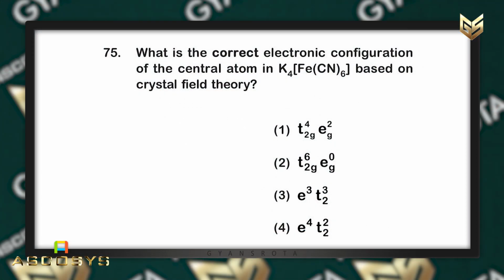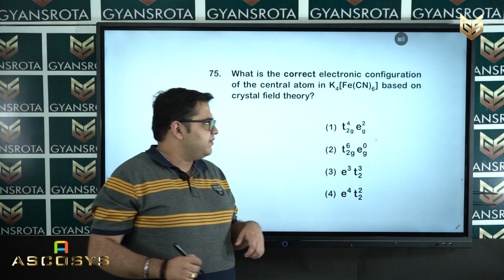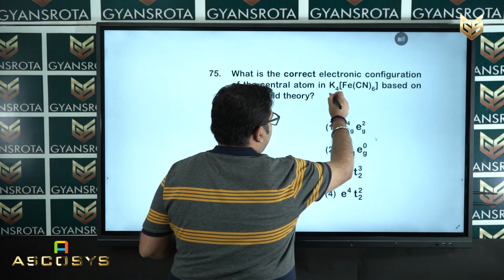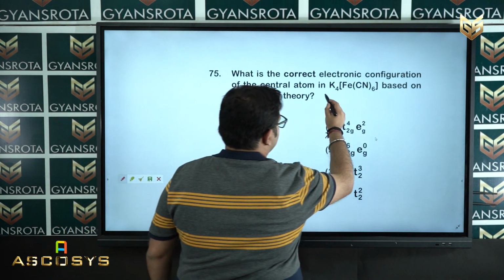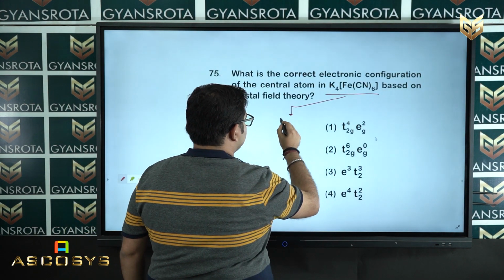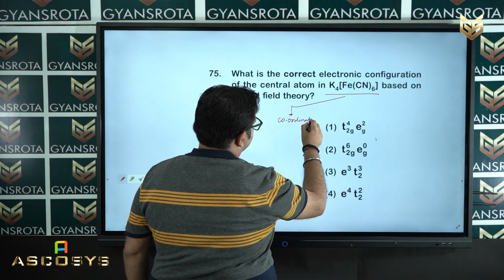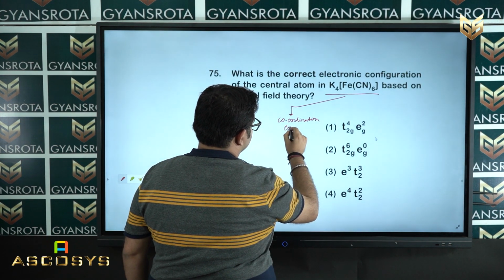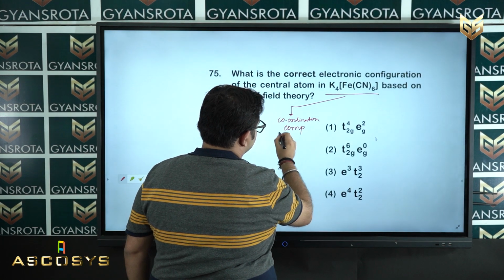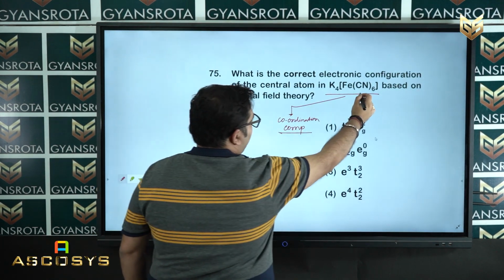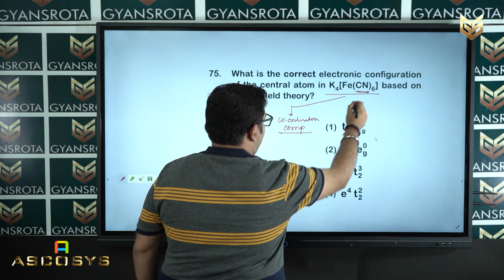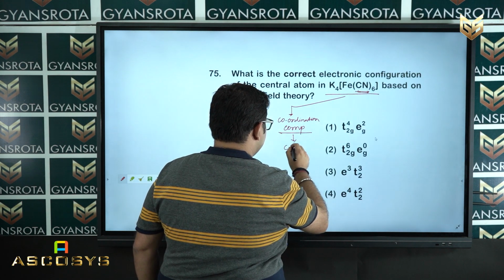What is the correct electronic configuration of the central atom in the following compound based on crystal field theory? Now, if we see this, this is a coordination compound. In a coordination compound, this cyanide acts as a strong field ligand.